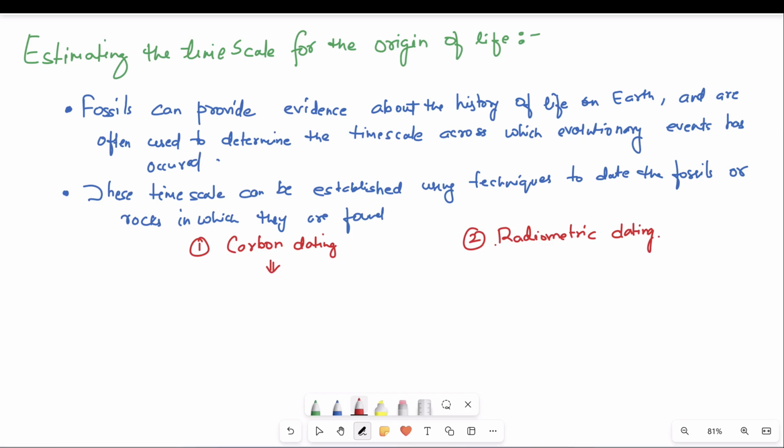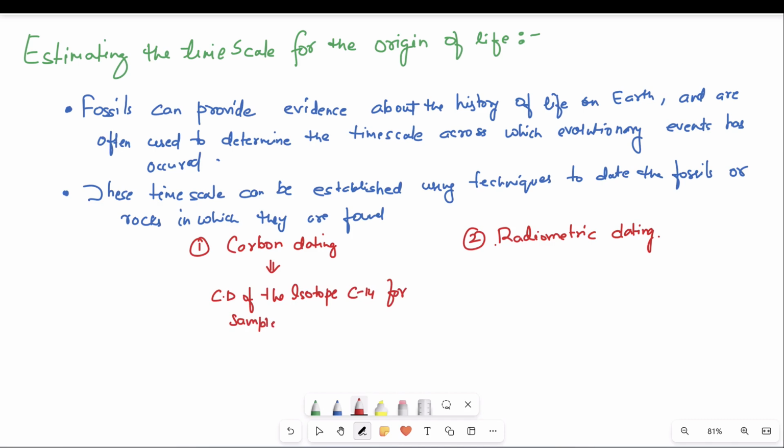Carbon dating of the isotope carbon 14 for sample of approx 60,000 year old, right? So you can say carbon dating, CD stands for carbon dating. Carbon dating of the isotope, carbon 14 for sample.